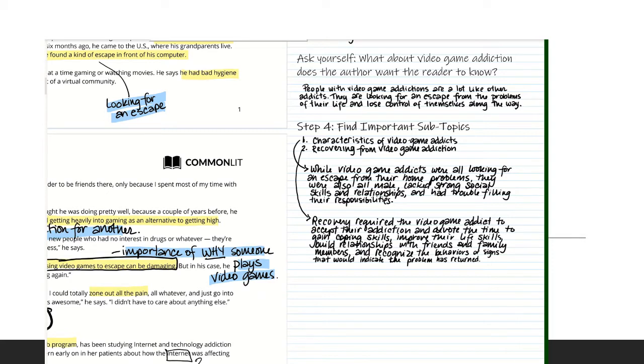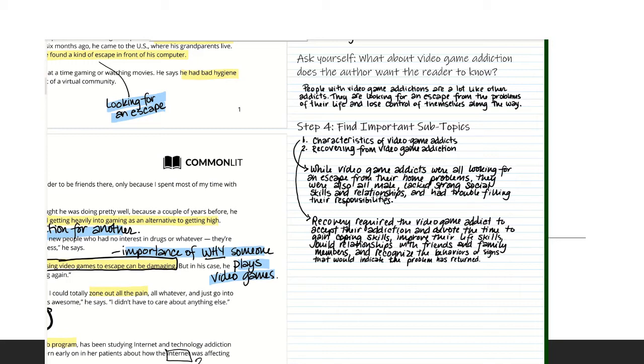So if I look for a central or main idea around those two subtopics, I came up with the first one is that while video game addicts were all looking for an escape from their home problems, they were also all male, they lacked strong social skills and relationships, and they had trouble filling their responsibilities.